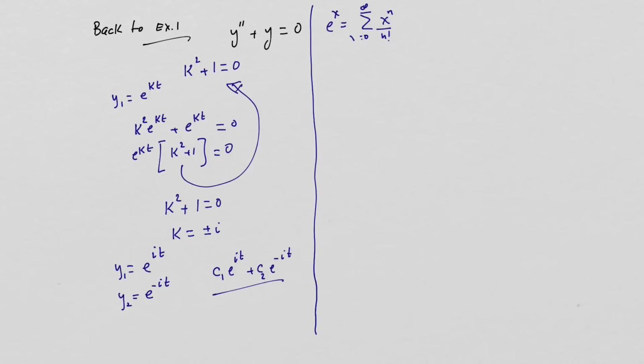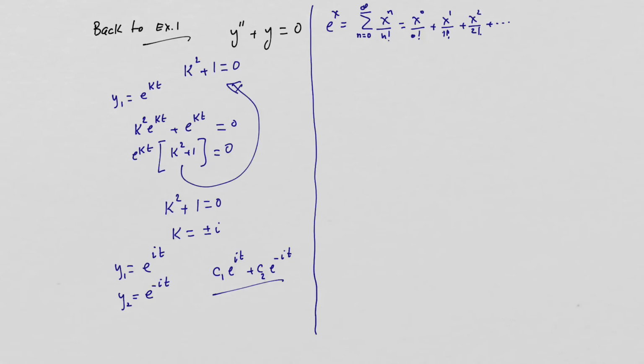Okay, n equals 0 to infinity, which is basically x to the 0 over 0 factorial plus x to the 1 over 1 factorial plus x squared over 2 factorial, and so on and so forth.